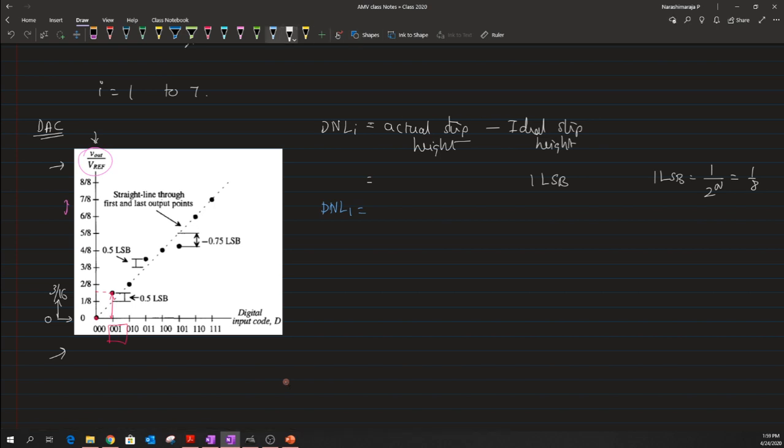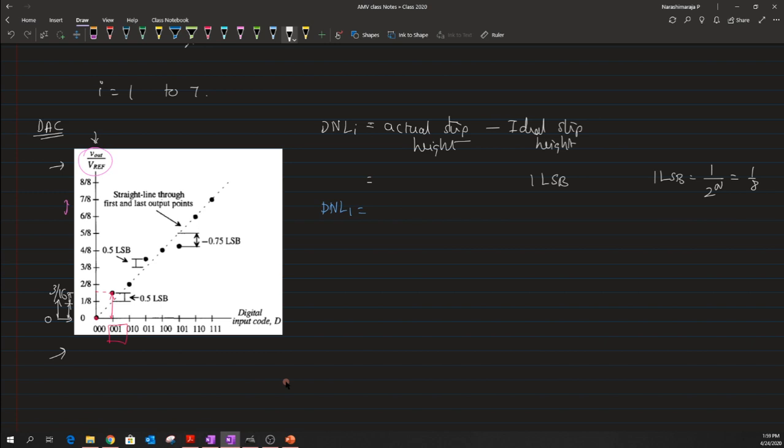Okay. So, rather than writing in terms of 3 by 16 and so on, let me write it in terms of LSB. Obviously, this 3 by 16 is nothing but 1 LSB plus 0.5 LSB from here to here. Okay. So, from the ground, or from the value of 0, I already have 1 LSB quantity plus there is a 0.5 here.